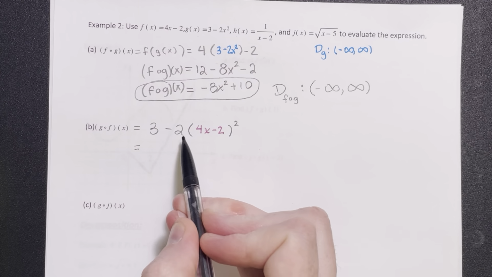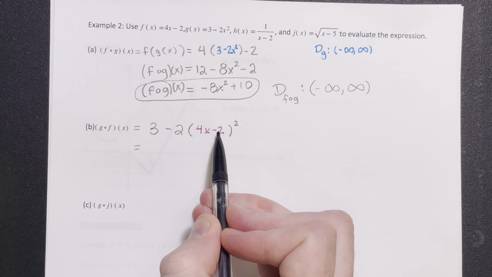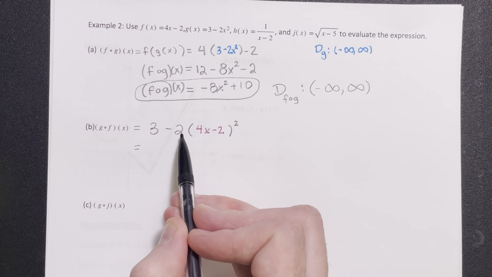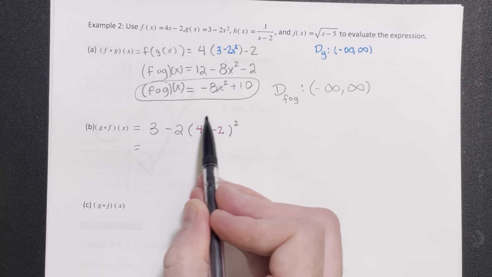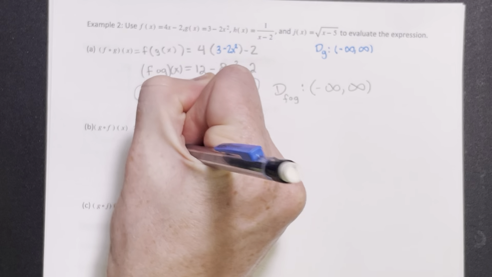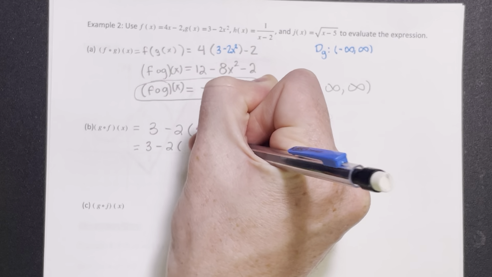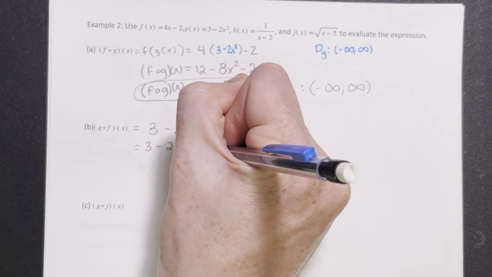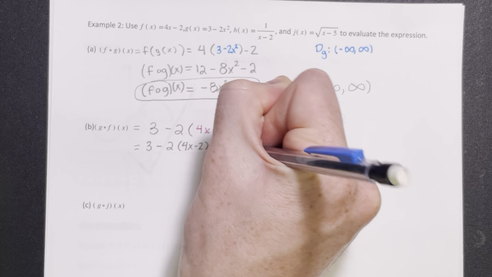As we're simplifying, we cannot distribute this 2 right now because we have this exponent. Exponents come before multiplication. So we need to simplify what is 4x minus 2 squared first. So I'm going to write that as 3 minus 2 times this 4x minus 2 twice, since being squared means multiplying by yourself twice.